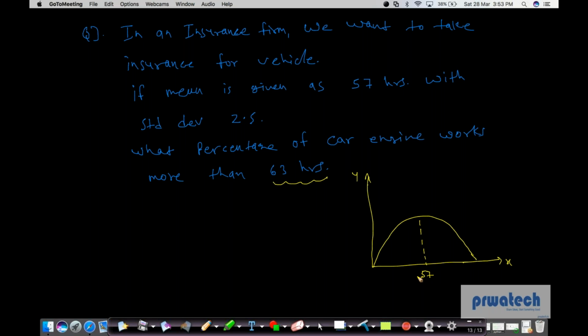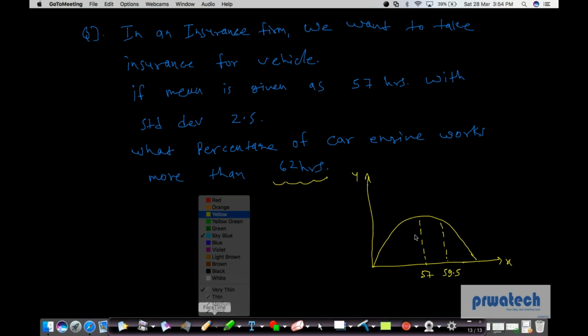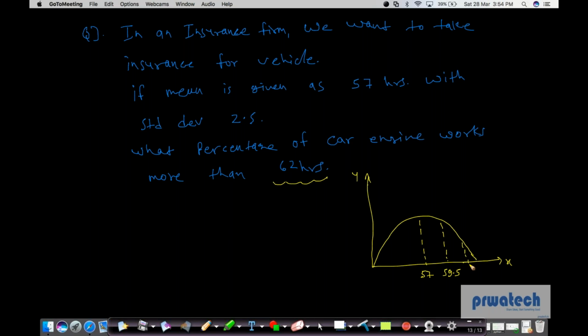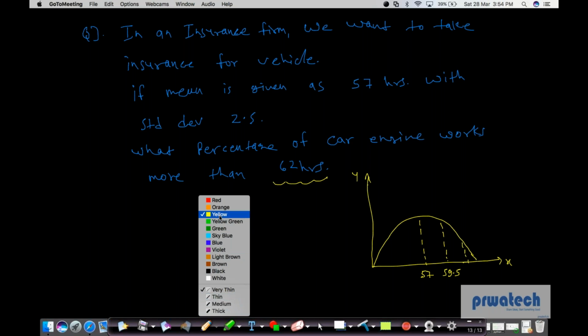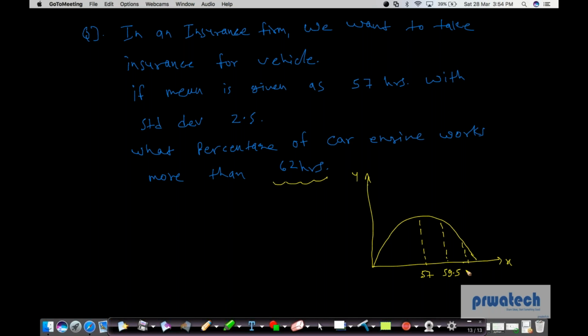If I add my mean with the standard deviation 2.5, one standard deviation, this value will be 59.5. Then second time, if I add again, just make one change in the question: this is 62 hours. 57, 59.5, and if I add one more standard deviation, 59.5 plus 2.5 is 62.